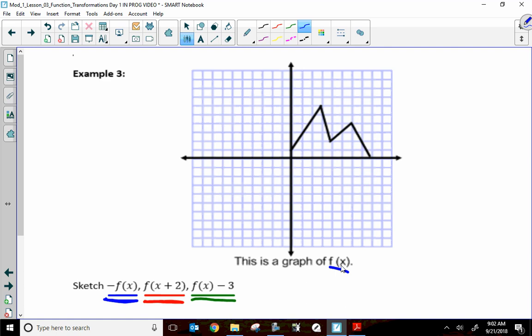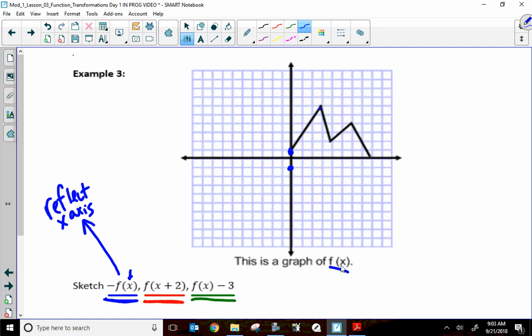So first, let's identify what these transformations are. This one tells me, well, I'm not negating the x on the inside, I'm negating the whole thing. So I'm going to reflect over the x axis. I'm going to take this point and reflect it over the x axis to here. There's a point here, I'm going to reflect that 1, 2, 3, 4, 5, 6.